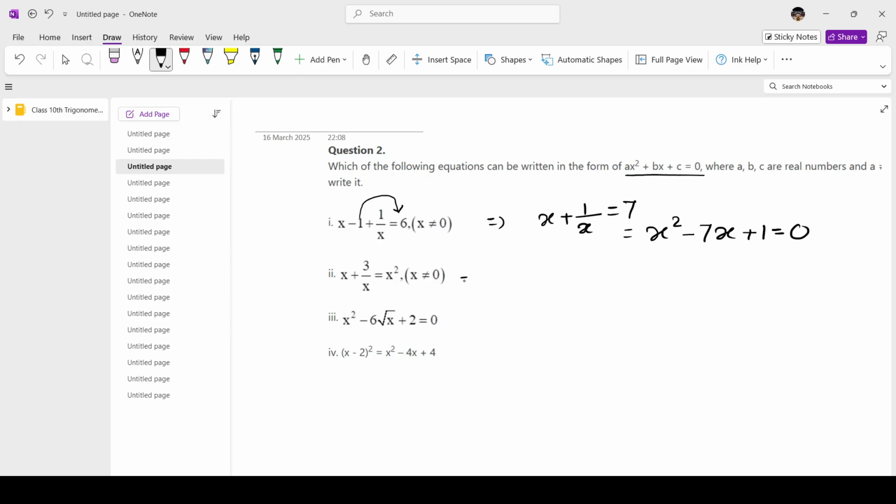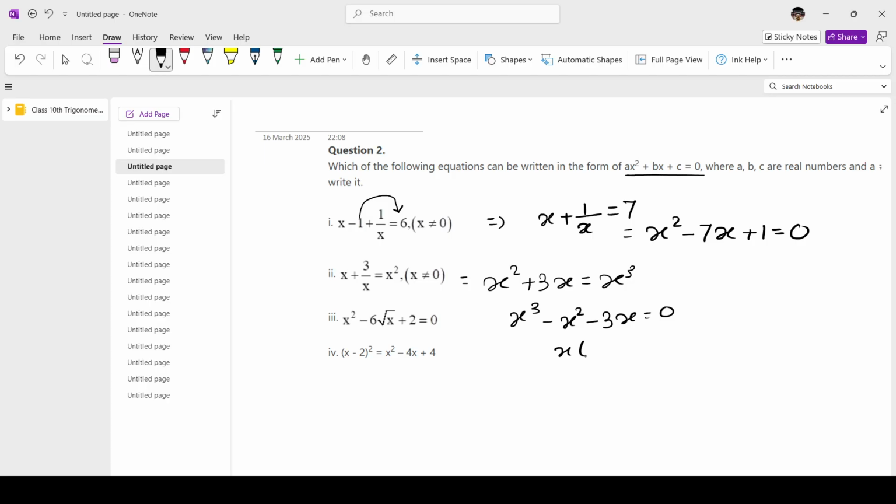Now the next question is: solve this, x squared plus 3x is equal to x2. Okay, and here if you see, this is basically forming the x2. But if you write this on the right side, then you can write it like this, equal to 0.